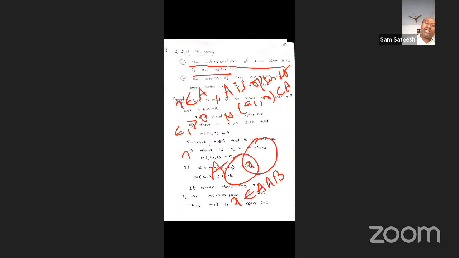Similarly, take x belonging to B, where B is an open set.